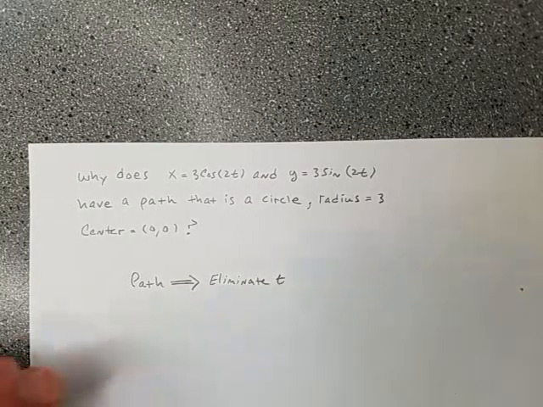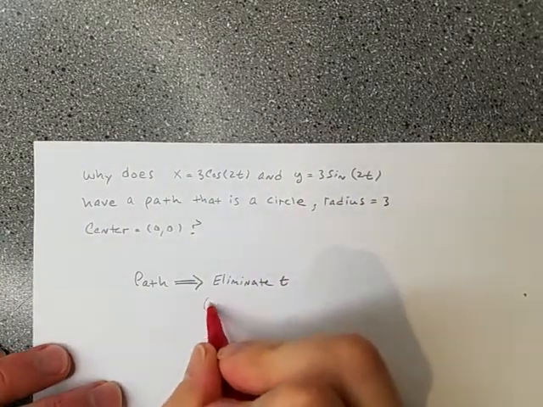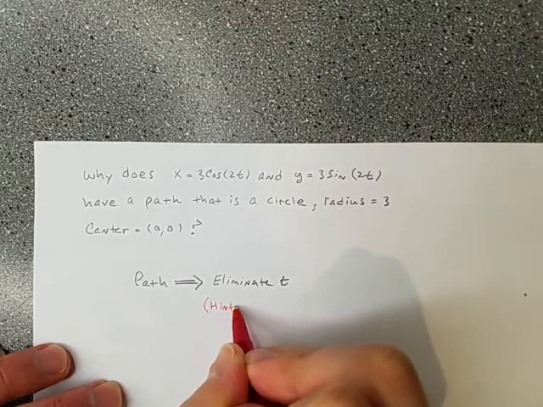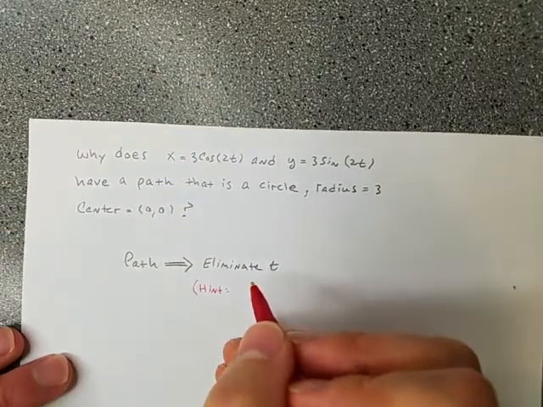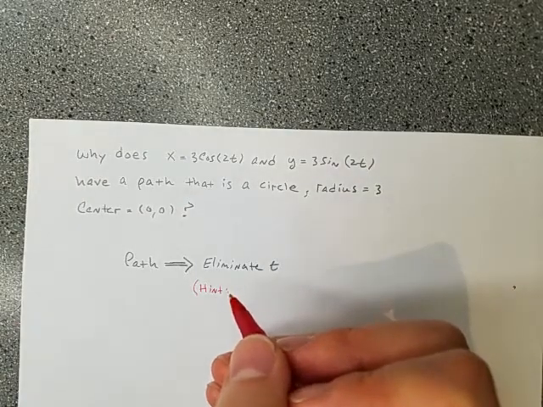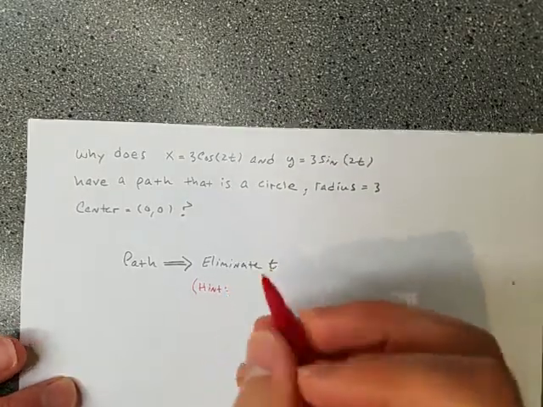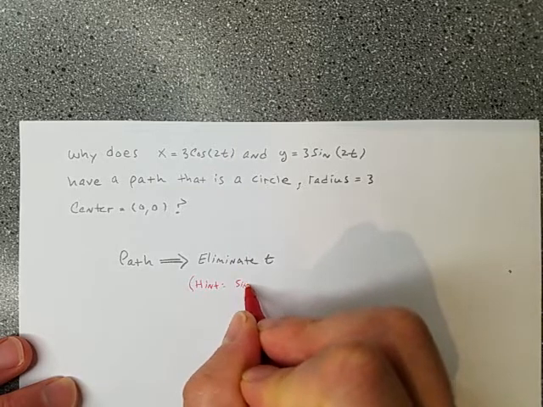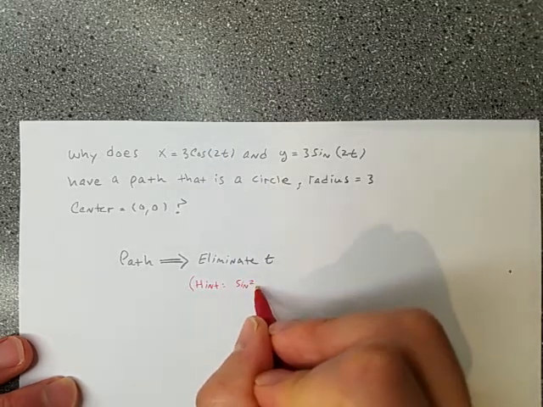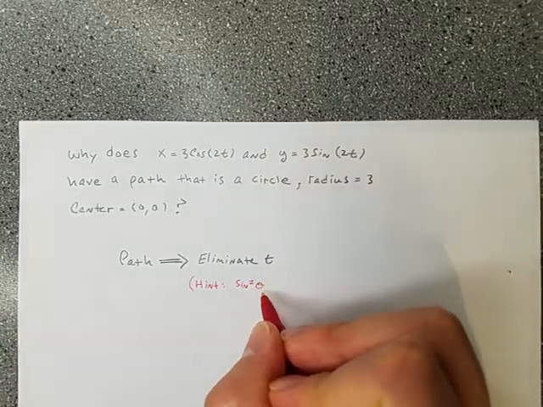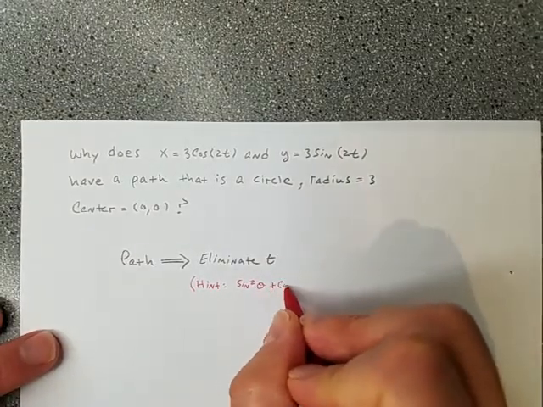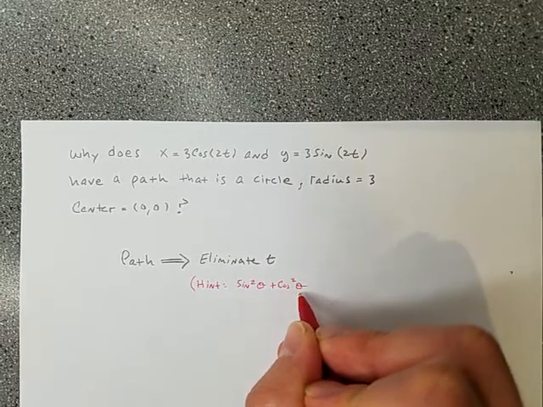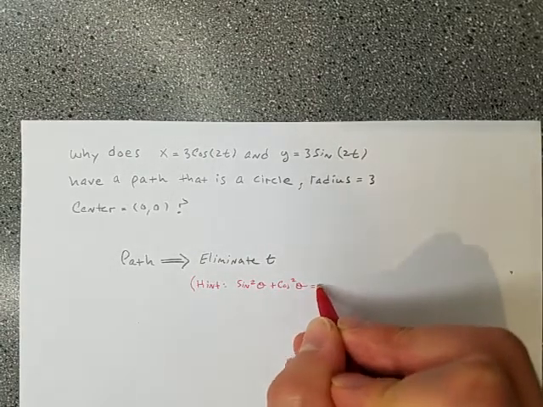All right, now as far as this one goes, there's a hint about how we do that, all right? The fact that this involves sine and cosine is a clue that I'm going to use a certain identity to eliminate t out of it. So yes, we will use the fact that sine squared of an angle theta, it doesn't matter what the theta is, but sine squared of some number or angle theta plus cosine squared of that same number or angle is going to be 1 all the time.